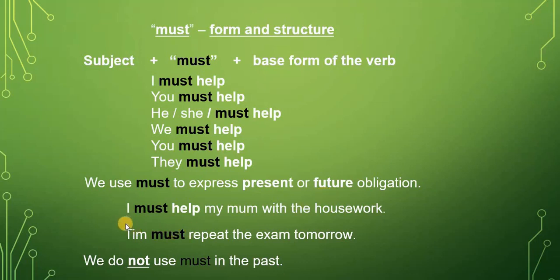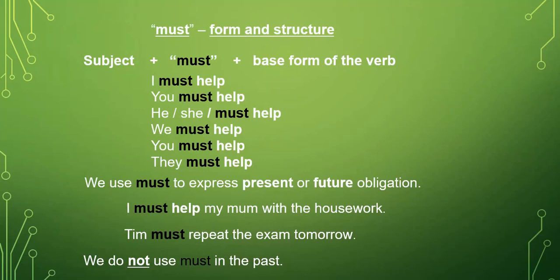Example, I must help my mom with the housework. Here we are talking about obligation in the present. I must help with the housework now. For example, here is an example with a future meaning. Tim must repeat the exam tomorrow.